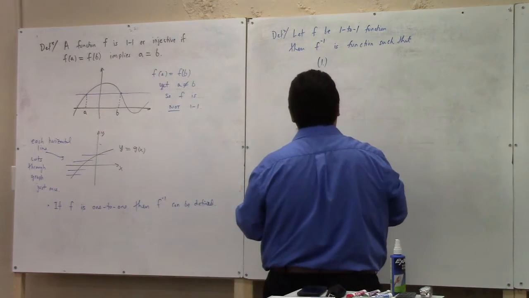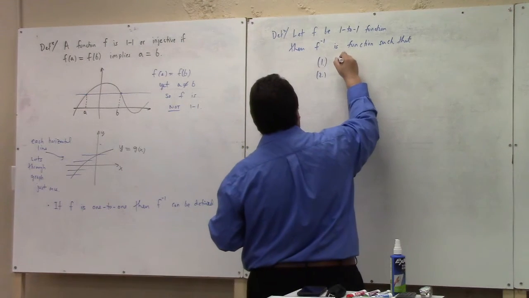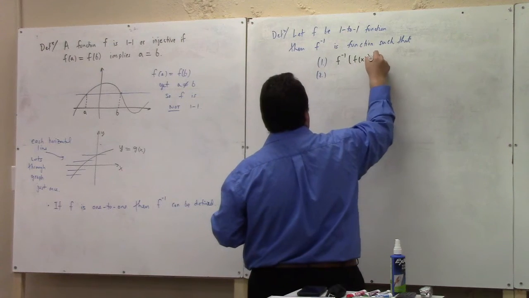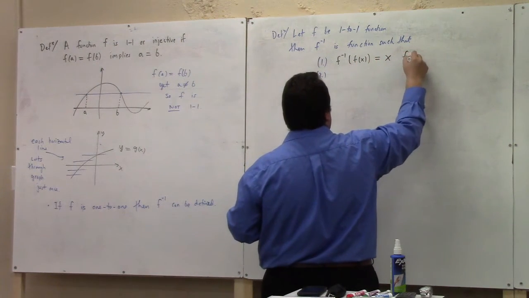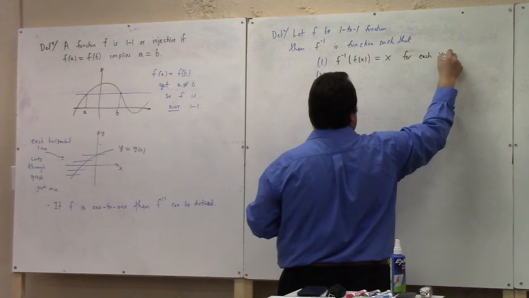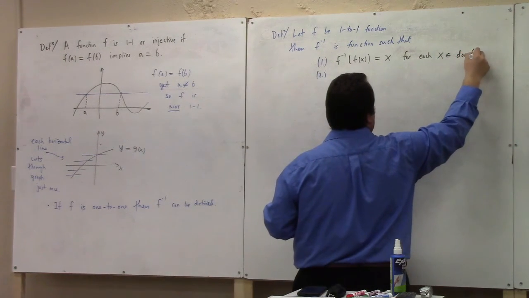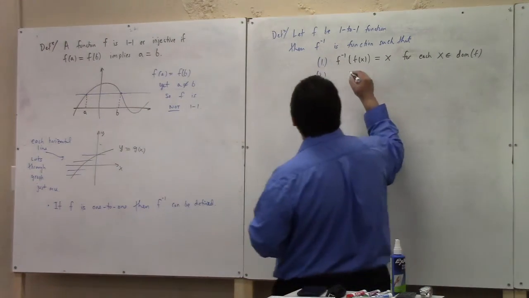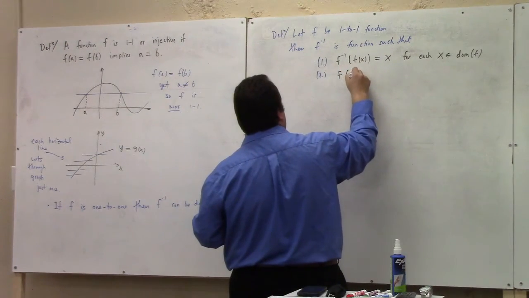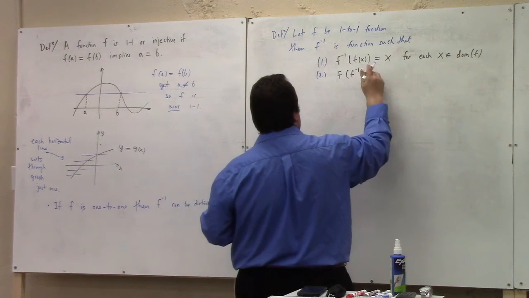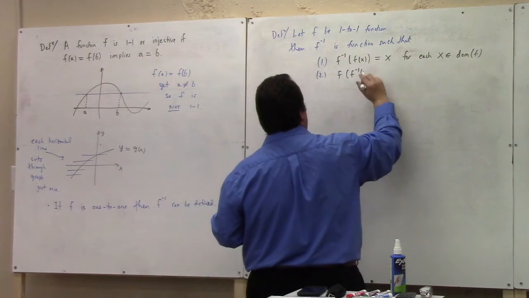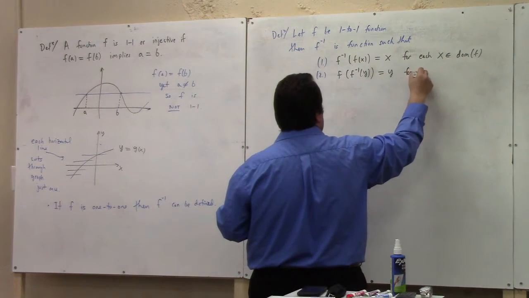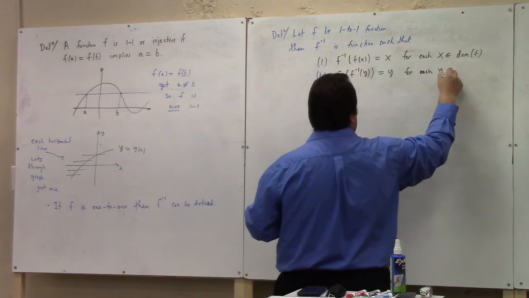Number one, we have that f inverse of f of x is equal to x for each x in the domain of f. And two, we have that f of f inverse of y is equal to y for each y in the range of f.